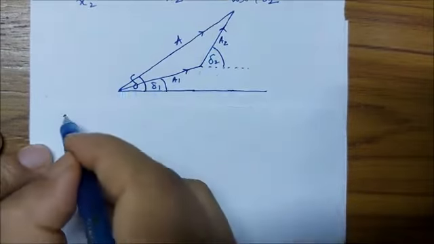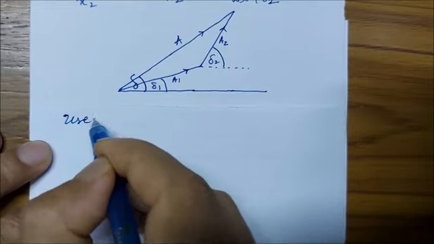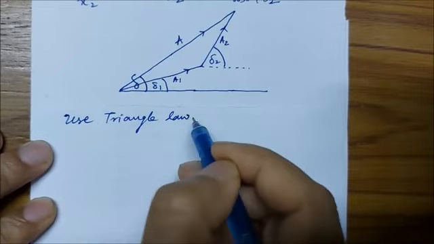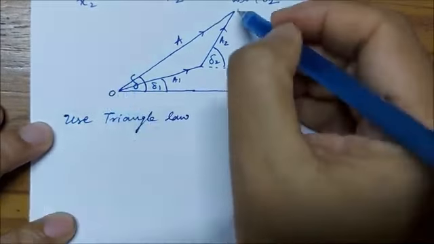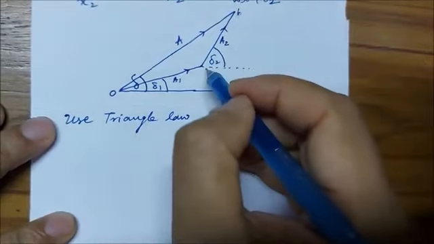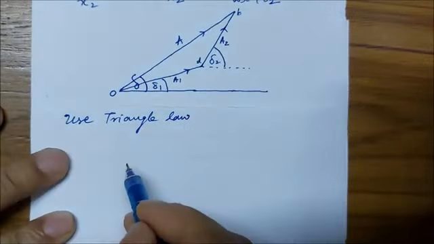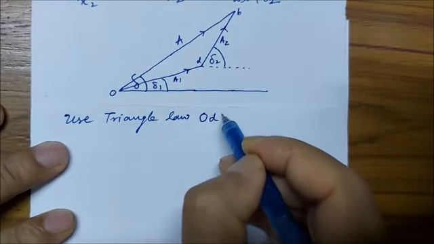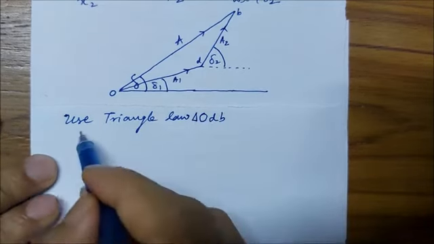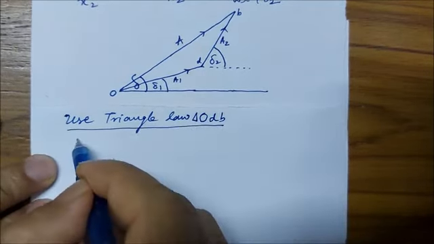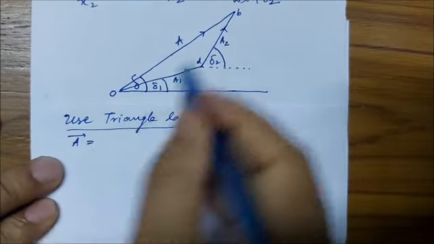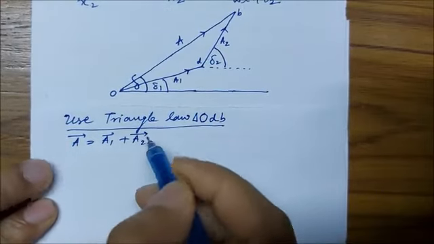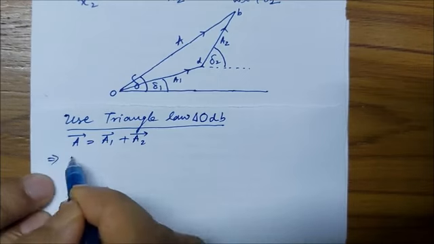Use triangle law. So this is O, this is a B point, and let us say this is a D point. So we use triangle law to the triangle ODB to get A is equal to A1 plus A2.